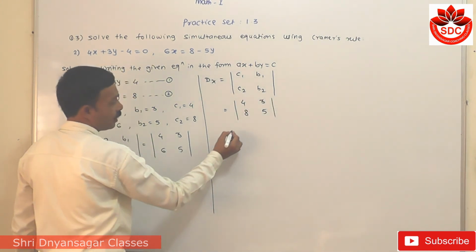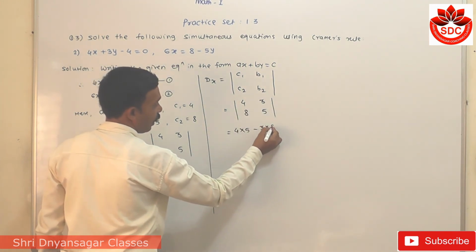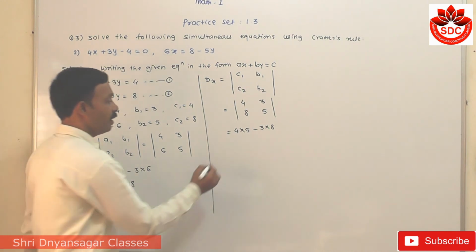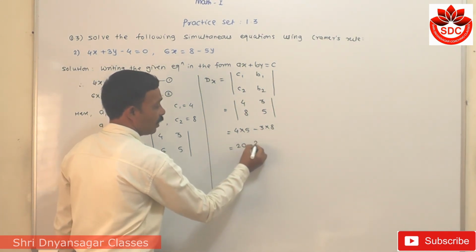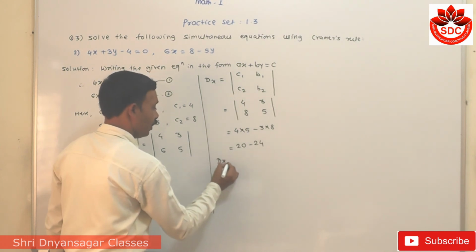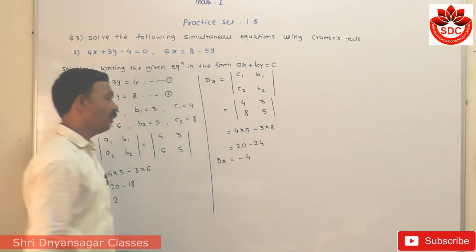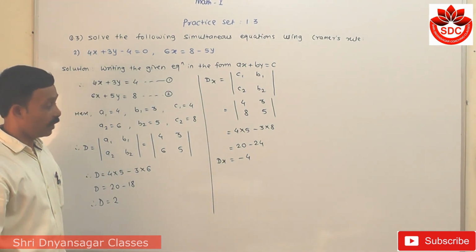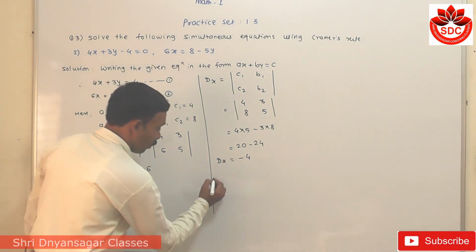The cross product of this one is 4 into 5 minus 3 into 8. 4 5s are 20 minus 8 3s are 24. By subtracting we get minus 4 because we give the sign of the bigger number. Then we have the value of the determinant of x.